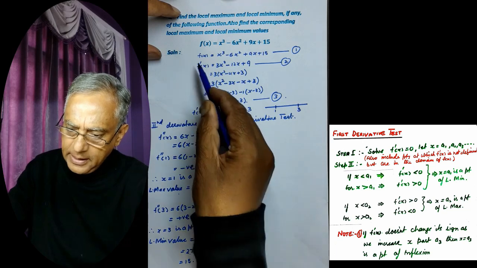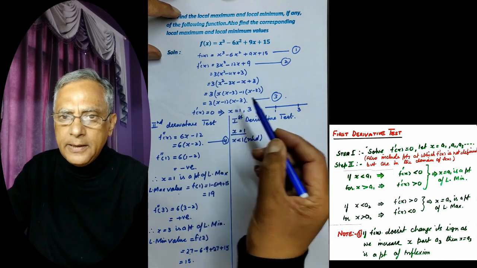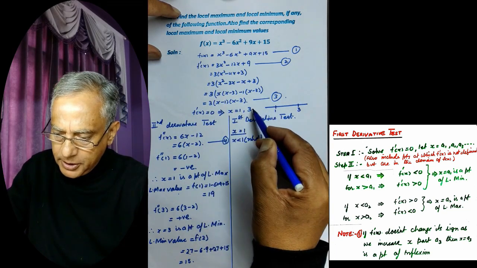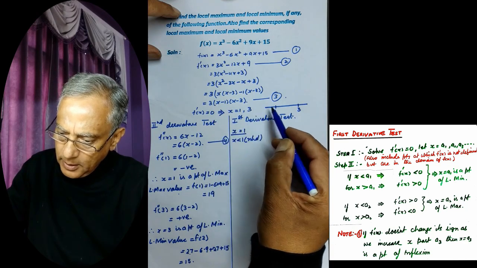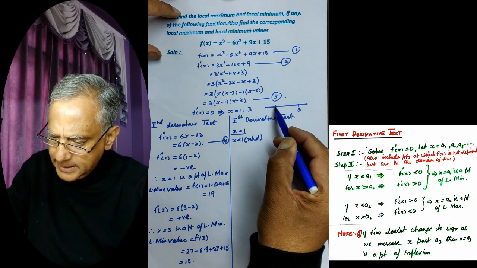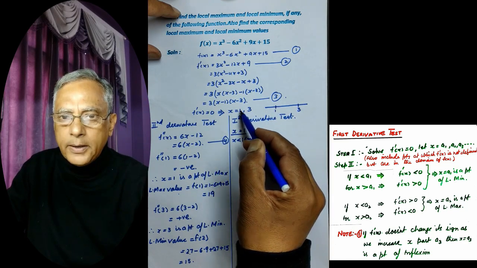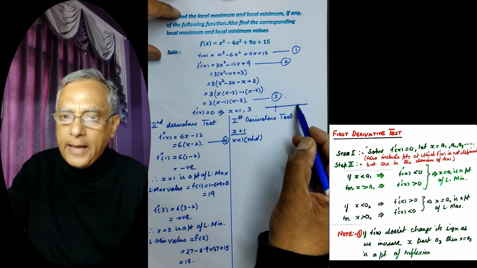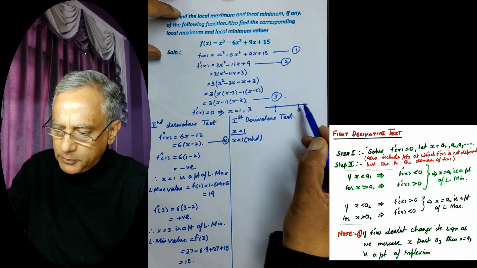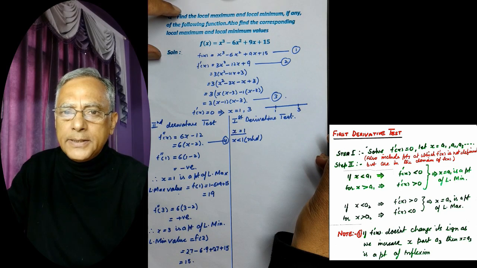And since f dash x is a continuous function, therefore it will have the same sign in all points which are less than 1. From 1 to 3, it will have the same sign. And from 3 to infinity, it will have the same sign.